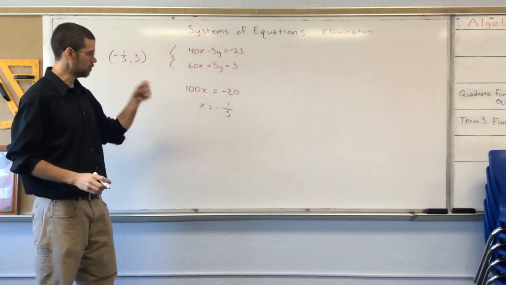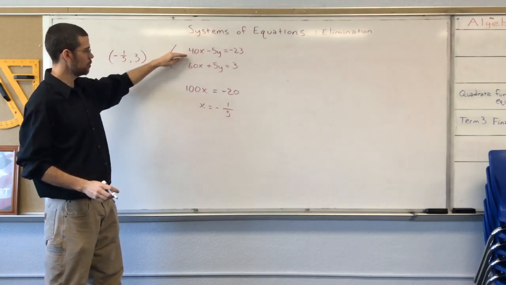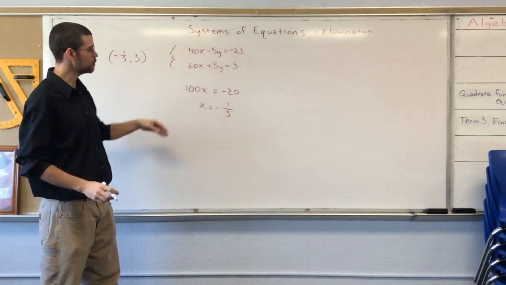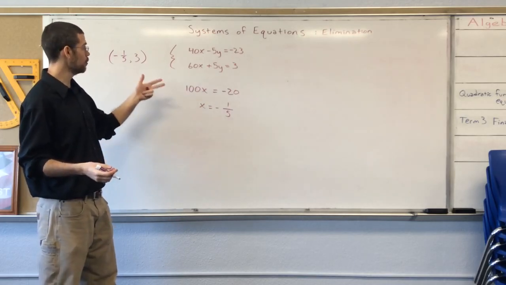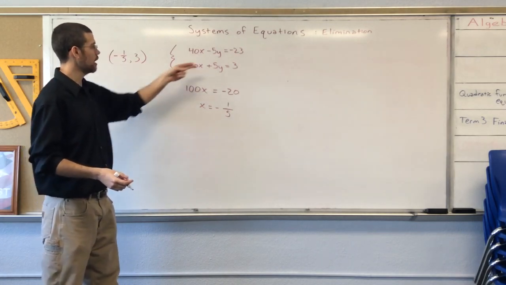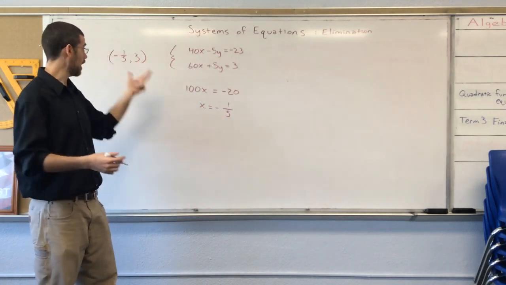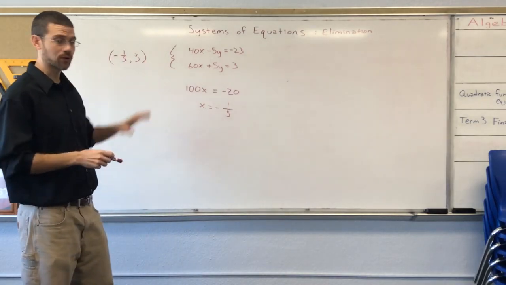Okay, so we would then take negative 1/5 and plug it back into each of these original equations. And when we do that, like we did with the substitution, we would find that that y has to equal 3, and that this y has to equal 3, so that's our solution to this system of equations.